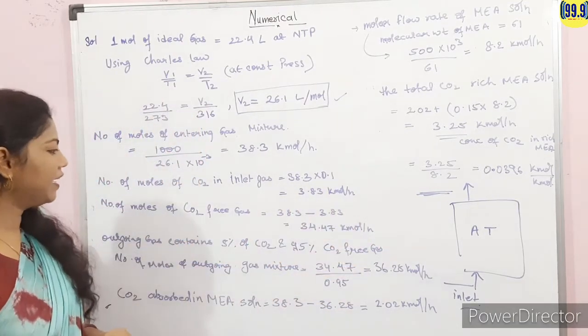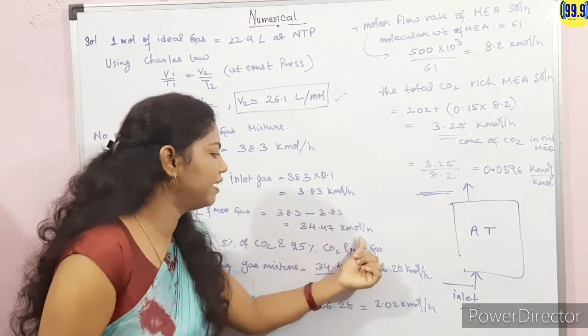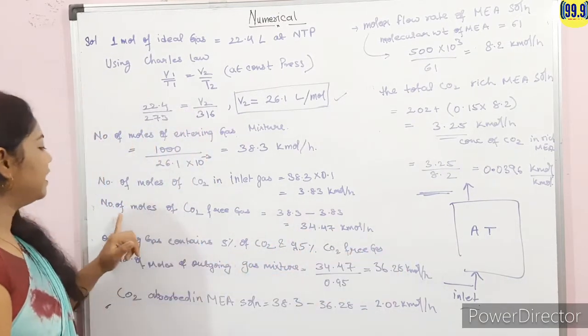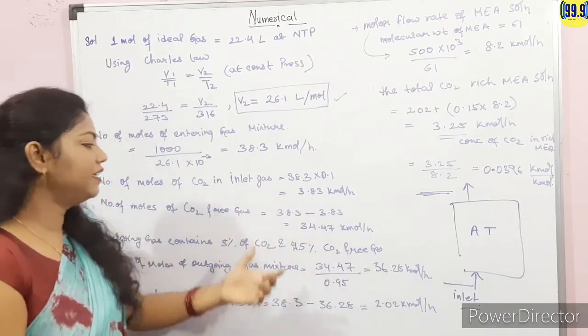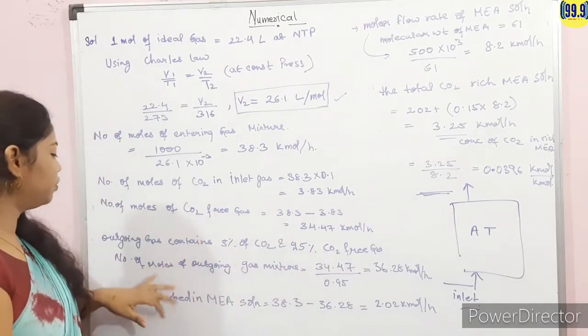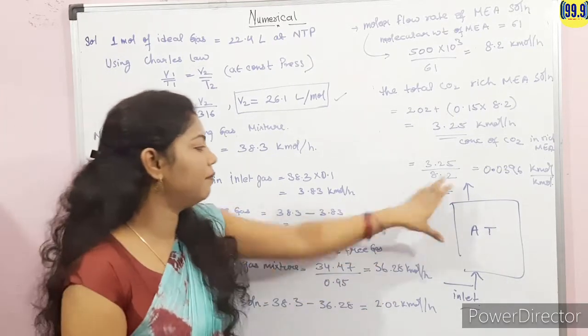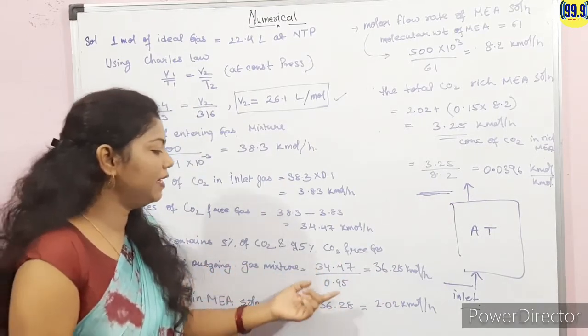Okay, so we calculated from the above that 34.47 kilomole per hour is the number of moles of carbon dioxide free gases, and the free gases mole fraction is given here in the question. So we calculate the number of moles of the outgoing gases by simply dividing.